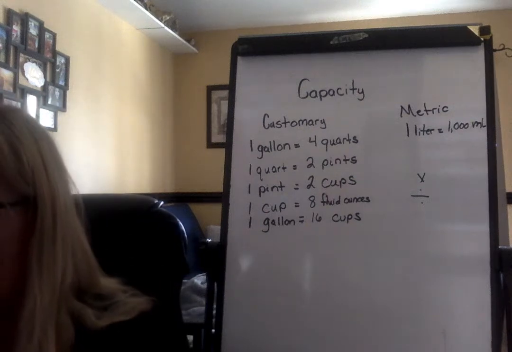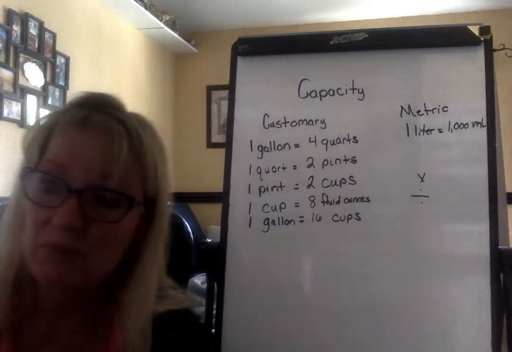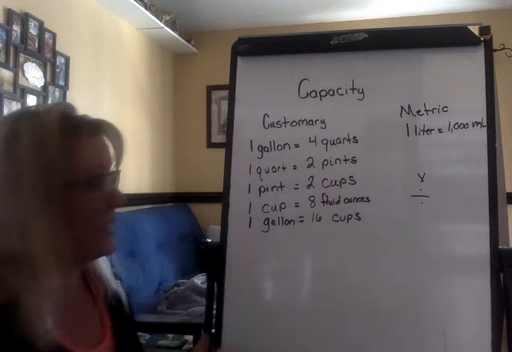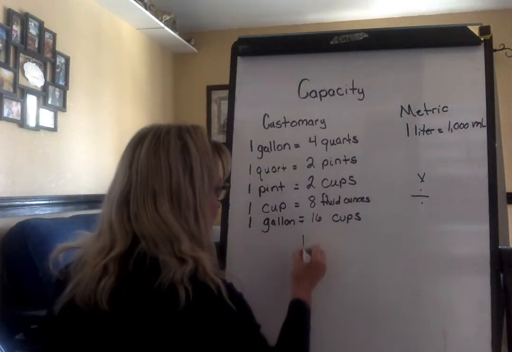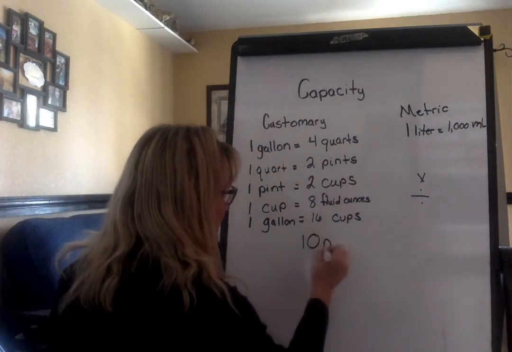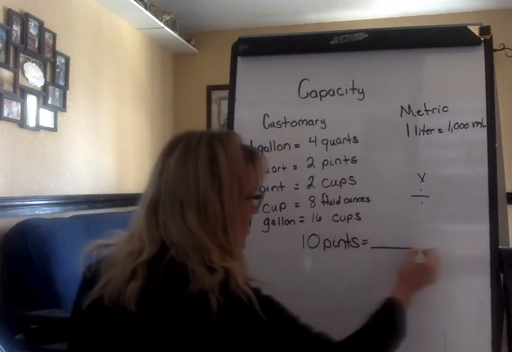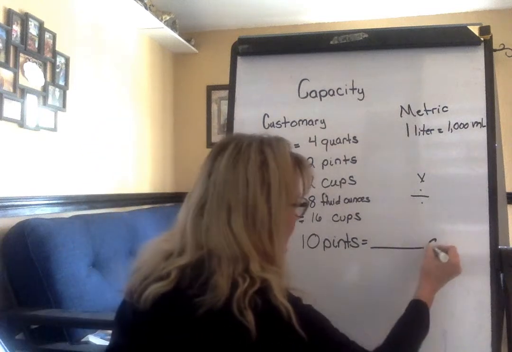Okay, so now I'm going to try something different. This time I'm going to go from a smaller unit into a bigger unit. I'm going to start off with 10 pints, and this time I want to know how many quarts that is.